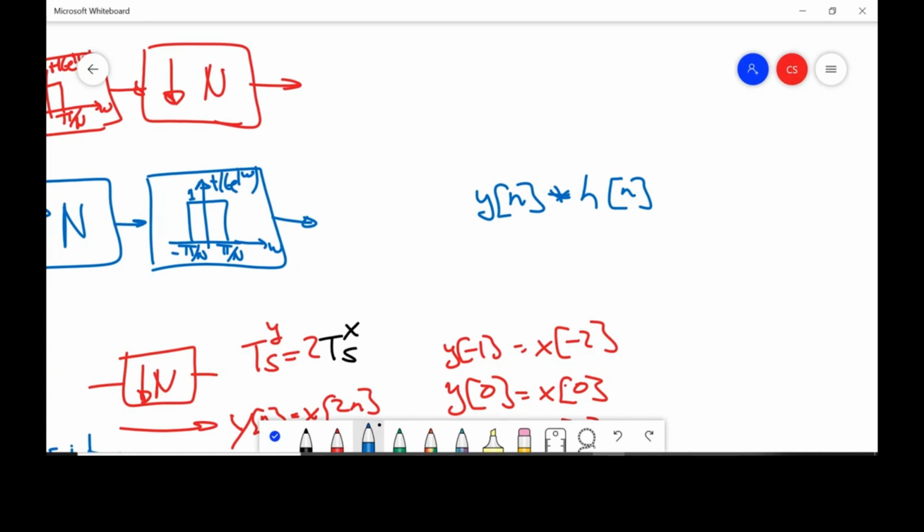What is h of n when the filter is this one? It's a sinc. So you are convolving with the sinc. And for the bilinear interpolation, the h of n is a triangle.